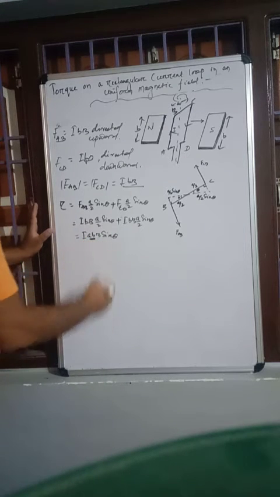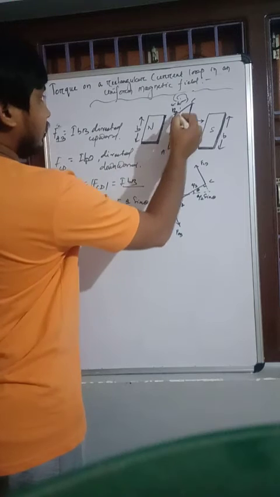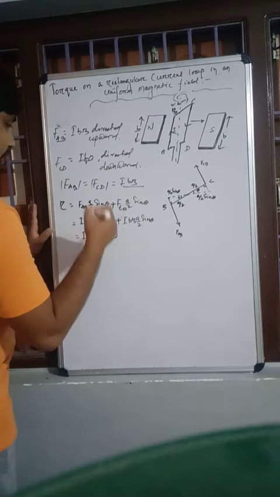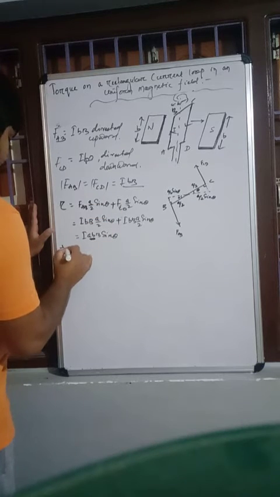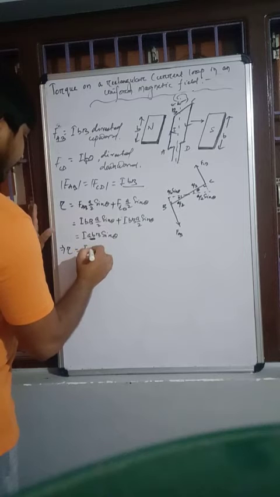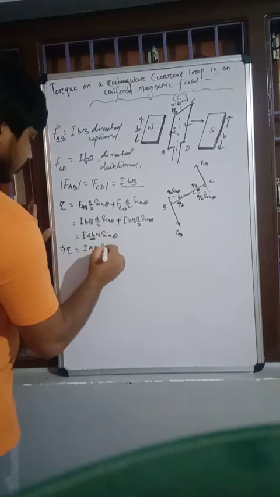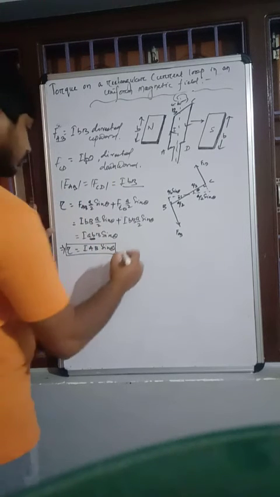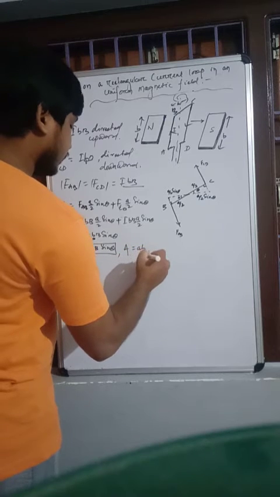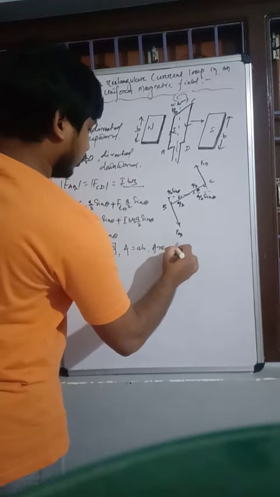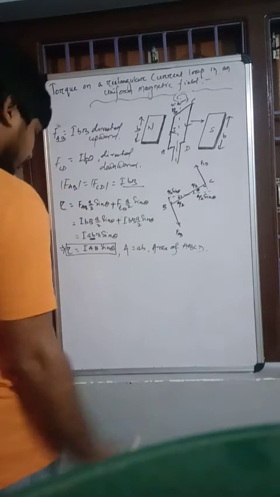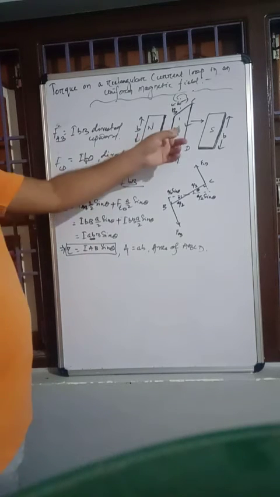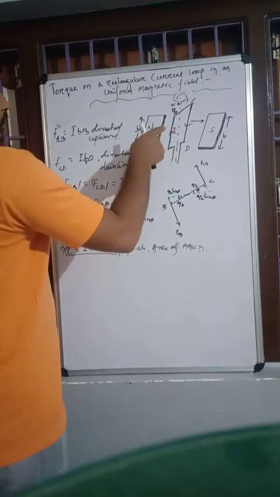Here you can see that a into b gives you the area of this rectangular loop, so I can write capital A instead of ab. So tau will be equal to IAB sine theta, where A is a into b, the area of ABCD.